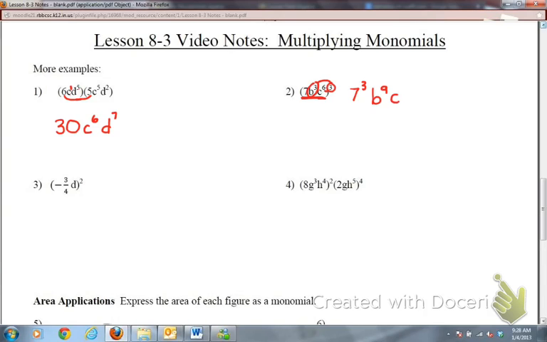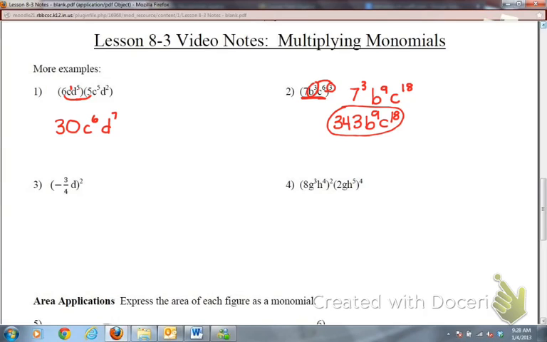So c to the 18th. The only thing to simplify is to take 7 to the 3rd, which is 7 times another 7, and that gives you 343. So your final answer is 343, b to the 9th, c to the 18th. And that's it for that one.